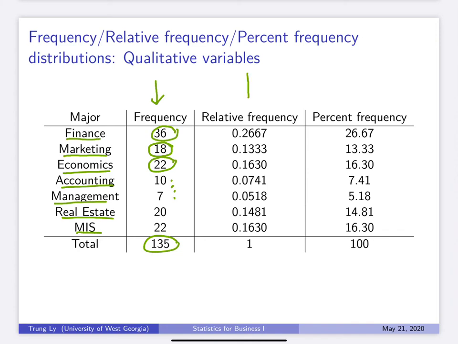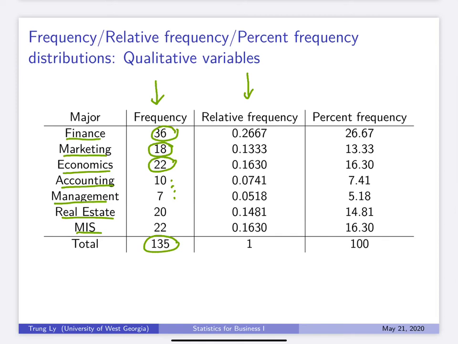In this column labeled relative frequency, I have 0.2667 as the value for finance, 0.1333 as the value for marketing, 0.1630 as the value for economics, and so on and so forth. How do I calculate these numbers? I calculate these numbers by taking the frequency and dividing it by the total number of observations.